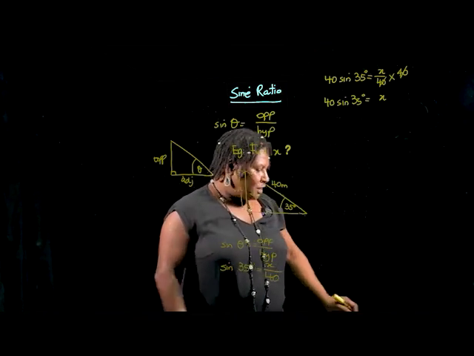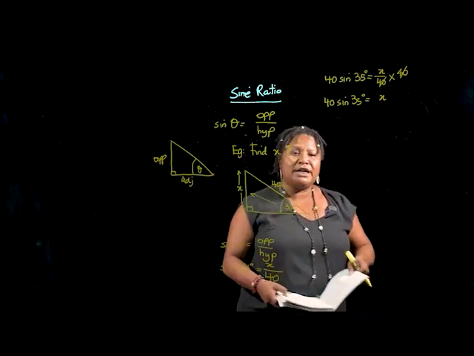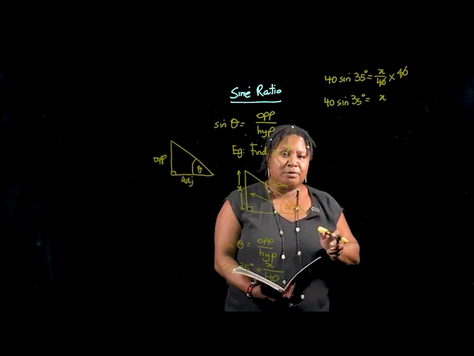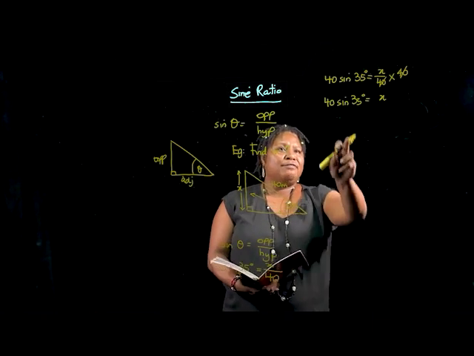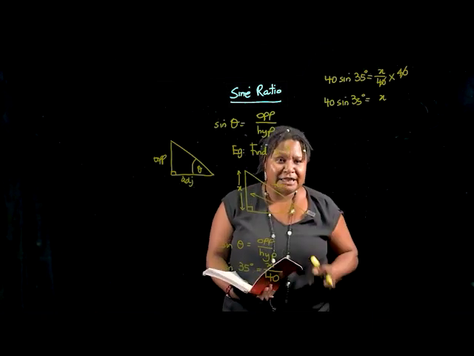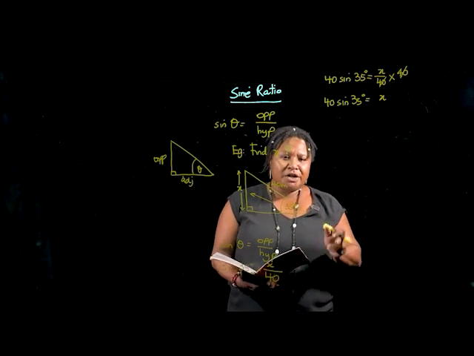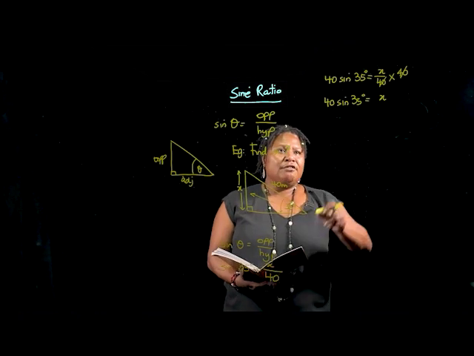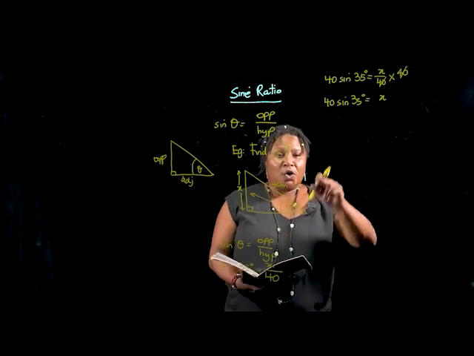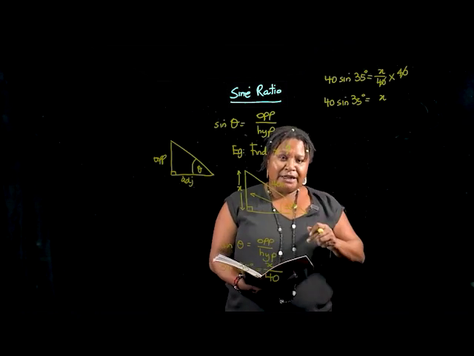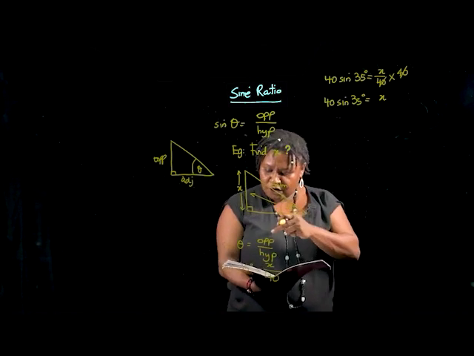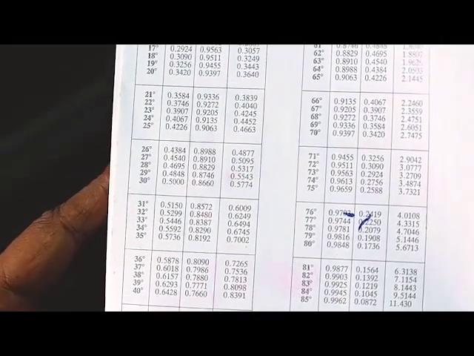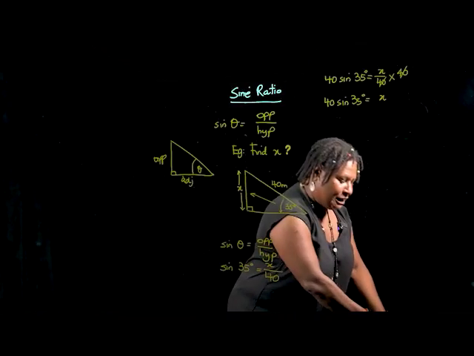Now once you've reached this point in your working out, you have to go to your trig tables in your textbook, and find the value of sine 35 degrees. Make sure you are looking in the right column in the tables. Find angle 35, go to sine and find its sine value. So according to the table I have, sine 35 degrees is 0.5736.